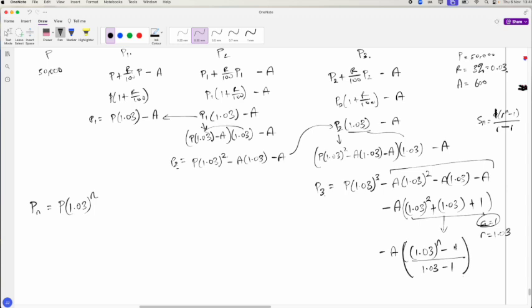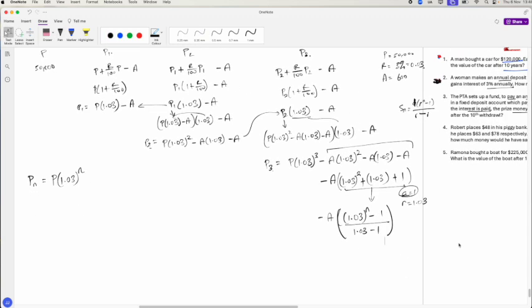Yeah. And so that means that inside of this brackets, we're going to have minus A into 1.03 to the N minus 1 all over 0.03.